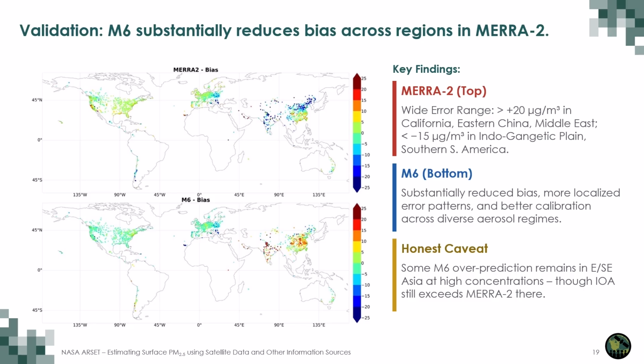The bottom panel shows how CNN greatly reduced these biases, producing more localized and better calibrated patterns across diverse aerosol regimes. CNN corrected PM2.5 also has some limitations, and it overpredicts in East and Southeast Asia at high concentrations.